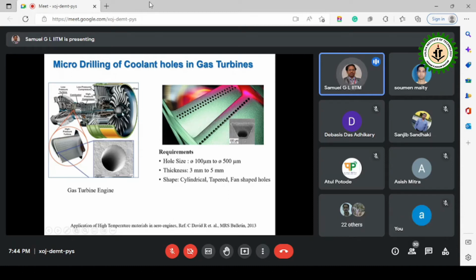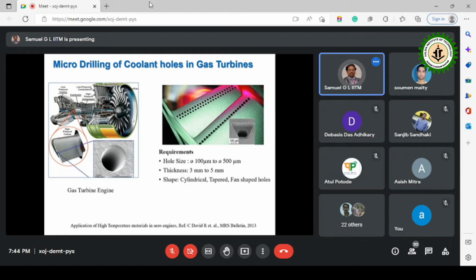the temperature inside the combustion chamber is higher than the melting temperature of the turbine blades. So that means literally, if you don't do anything in this combustion chamber, all these blades would melt away. But they don't melt because they use three kinds of technologies.